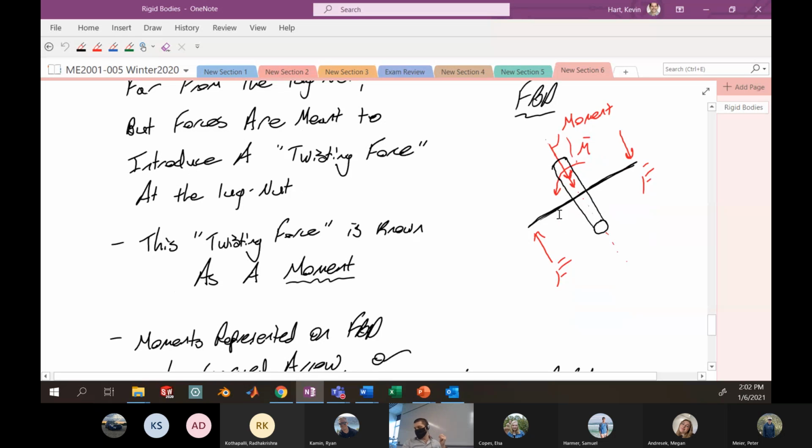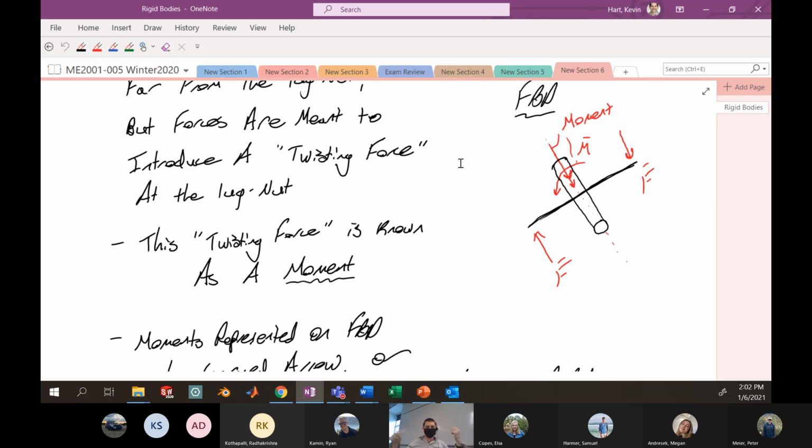And the idea is that, all right, there has to be some relationship between these forces that we apply on our lug wrench and the power of this particular moment that occurs here, the directionality and the strength of that twisting force or that moment. And yes, there is a relationship. If you thought about intuitively how you might increase that torque or increase that moment, you could bring your hands out farther on the wrench.